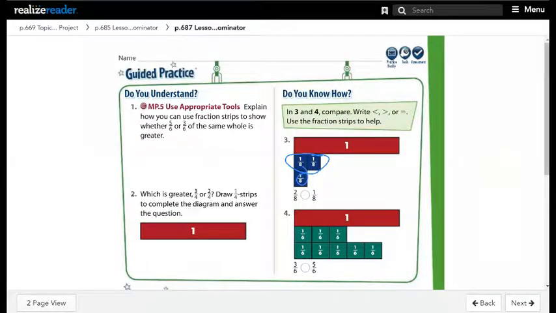Both of them have the same denominator, and 2 is greater than 1, so 2/8 is greater than 1/8, so the crocodile will eat the greatest number. Question number 4: this shows 3/6, and this shows 5/6. Because 5 is greater than 3, the crocodile will eat 5/6 because it's greater.